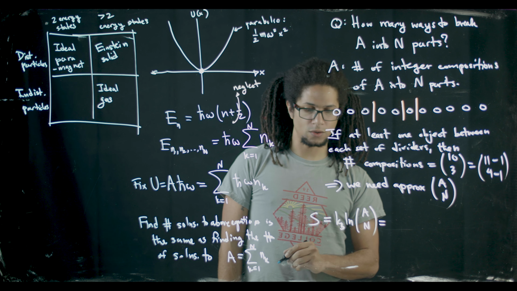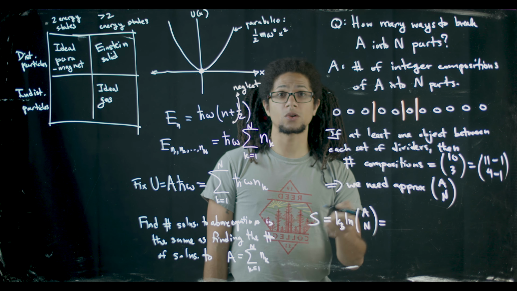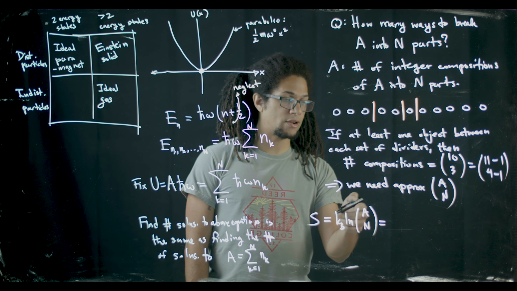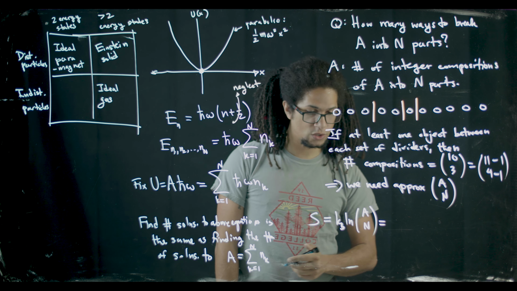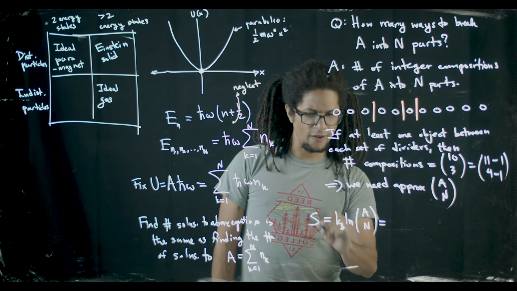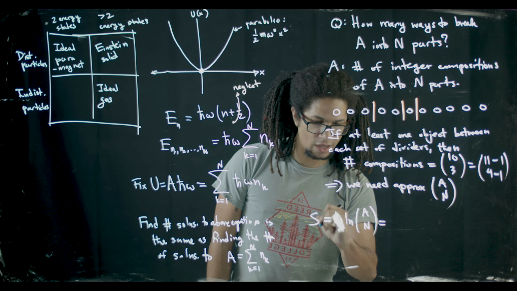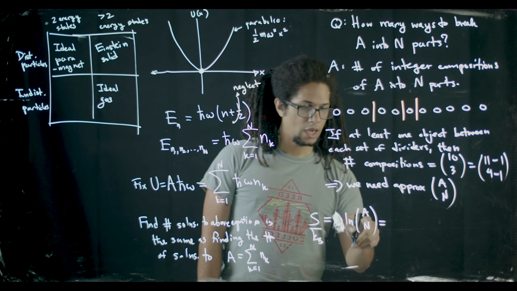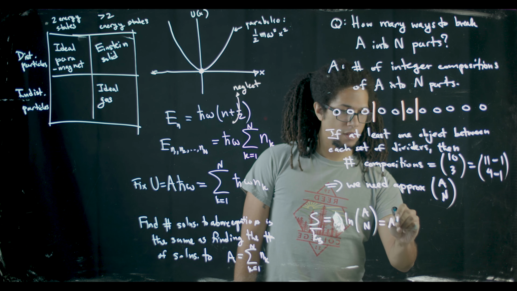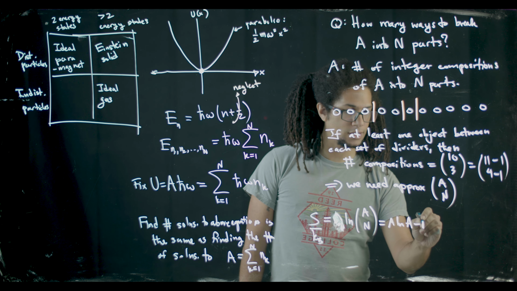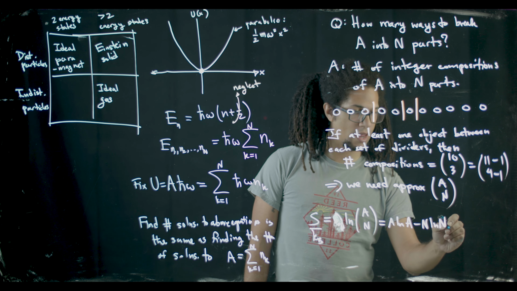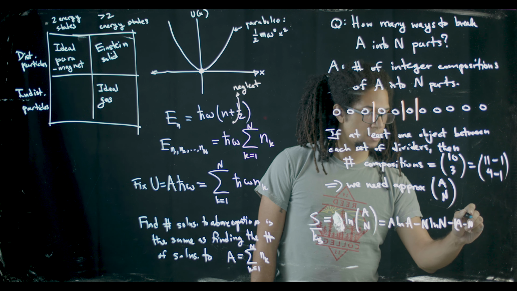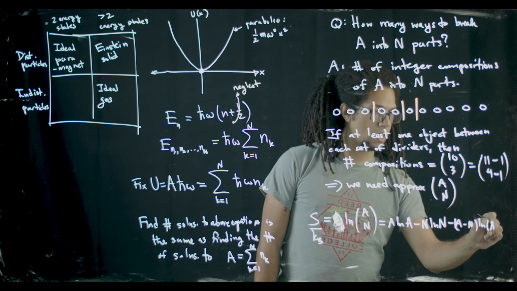Okay, so now let's write that using Stirling's approximation. Remember that we wrote down a corollary that allowed us to expand out the choose function as well. So if I just say what S over Kb is, it's going to be A log A minus N log N minus (A minus N) log (A minus N).